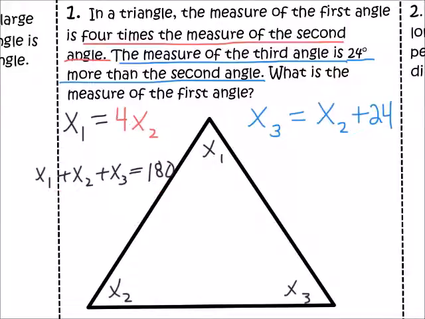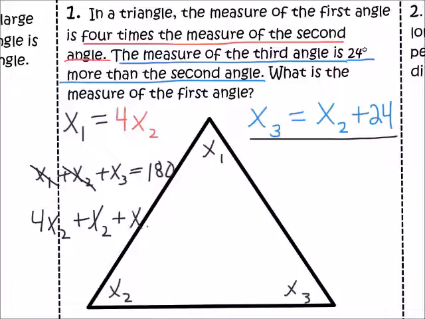So we know that x sub 1 is 4 x sub 2, so we've taken care of that, plus x sub 2, plus, now our x sub 3 is over here, it's x sub 2 plus 24, equals 180.